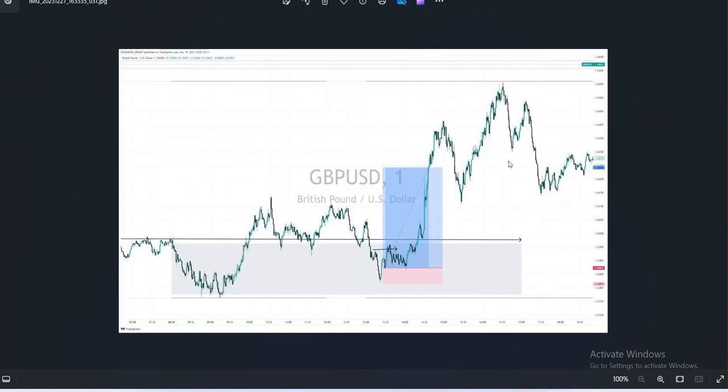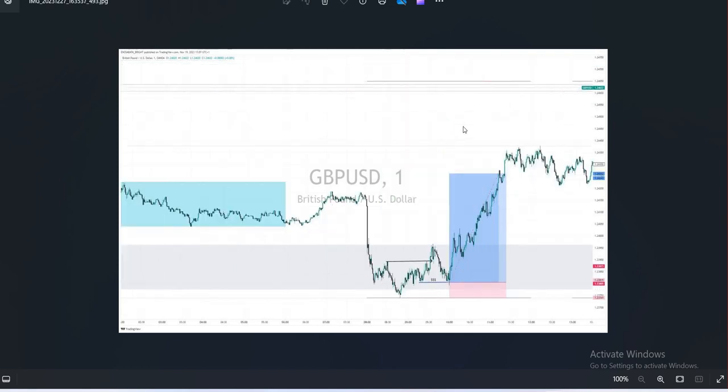Now let's check this one again. If you check this, you find out that there was a relative equal low here, and there was an imbalance also. Okay, you see this, there was an imbalance that was not fully filled. So price came and filled that imbalance and it tanked like that.